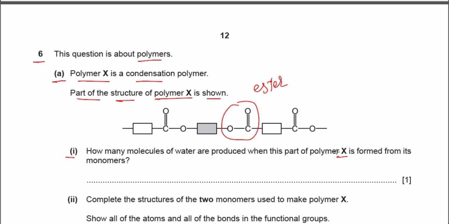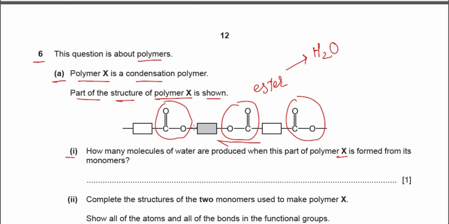So, straightforward, relate it to the number of ester bonds. This is an ester bond, this is an ester bond. So count how many we have. One here, this is also an ester bond, and this is also an ester bond. So in this polymer chain we can see 3 ester bonds, and remember, each ester bond is produced by the removal of 1 molecule of water.